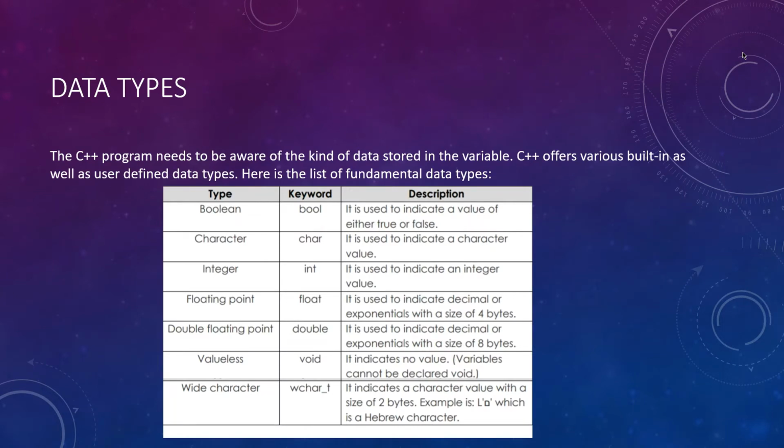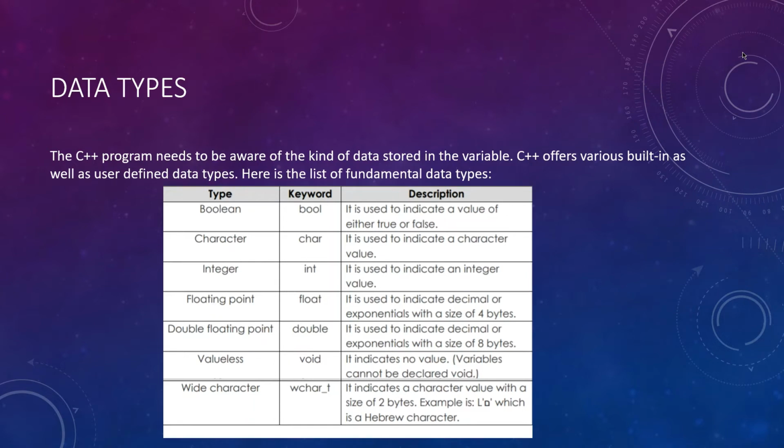Data types. The C++ program needs to be aware of the kind of data stored in the variable. C++ offers various built-in as well as user-defined data types. Here's the list of fundamental data types. First type is the Boolean, keyword bool.